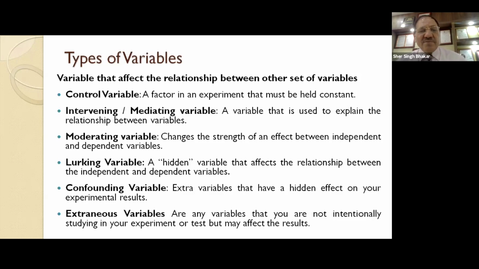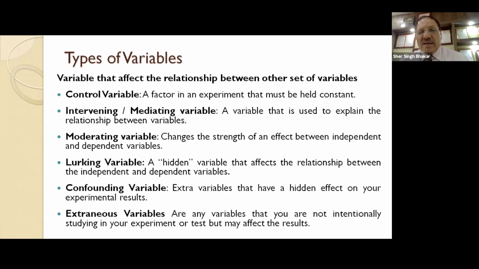Next is the lurking variable, a variable that is not part of the study, also a hidden variable, and that affects the relationship between independent and dependent variable, but that is not controlled. A lurking variable is one that affects your relationship but is not controlled. So it is similar to a control variable, but when you don't control it, it is called a lurking variable.